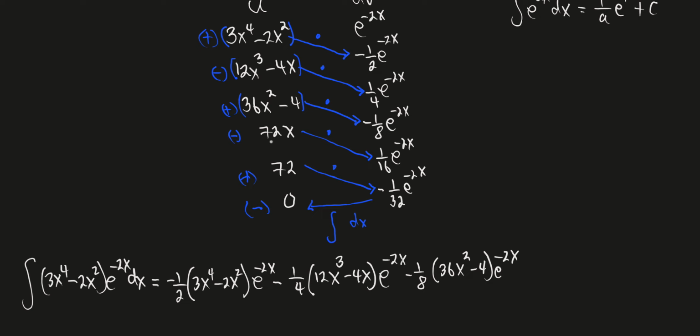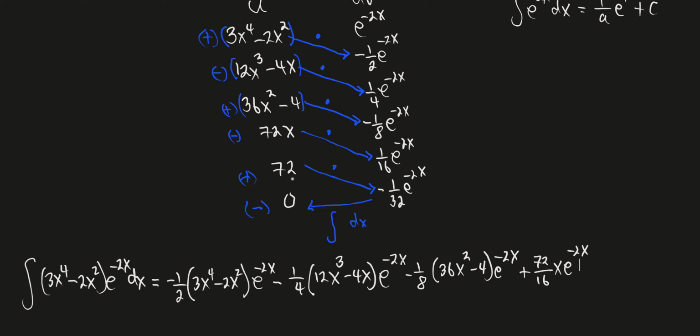And then we have 72x times 1/16. Now let's see. So I'll just write that. That's basically 72 over 16 x times e to the negative 2x. So plus 72 over 16 x times e to the negative 2x. And then the last non-zero term is going to be a minus 72.